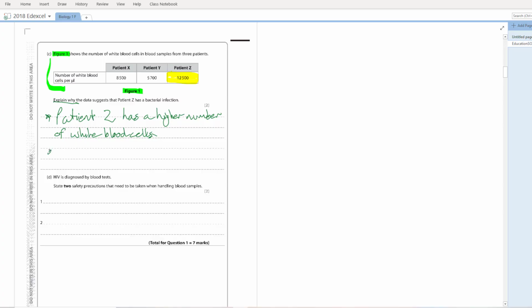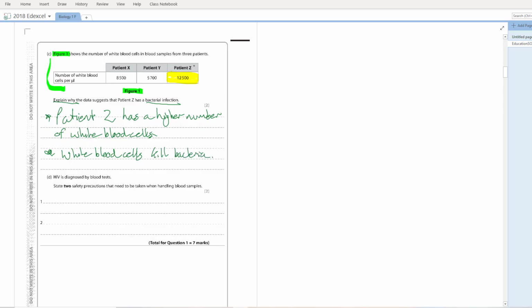And then for my second mark, it's worth 2 marks and it says explain why. So why do they have a higher number of white blood cells? Well, they have a bacterial infection. It states they have a bacterial infection, and I know that white blood cells kill bacteria.